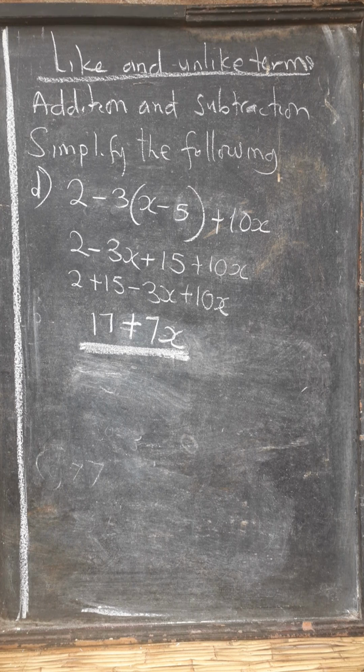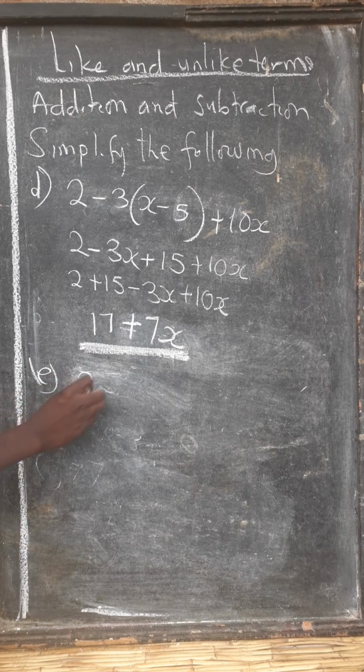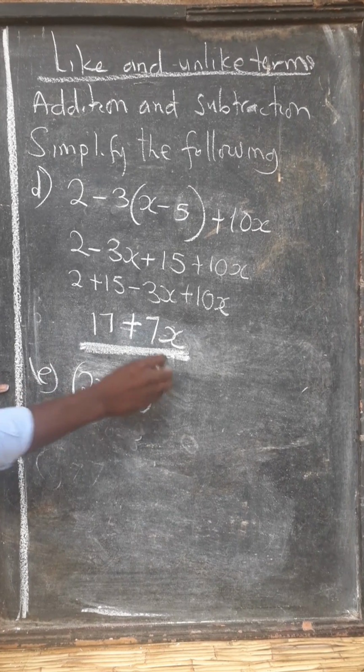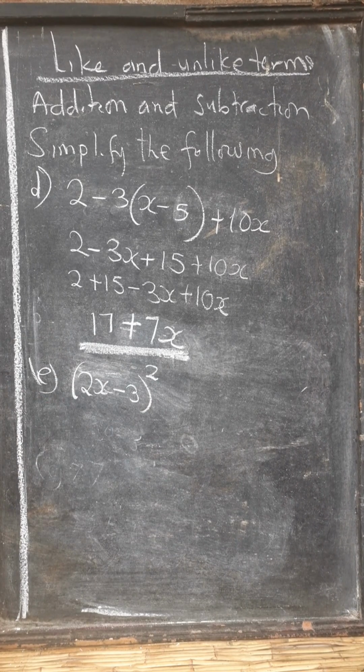Okay? So let me give you something that is slightly different from this one. If we have a question given to us like 2x minus 3, squared, how do we simplify this question? 2x minus 3 has been squared, meaning we need to multiply this thing by itself.